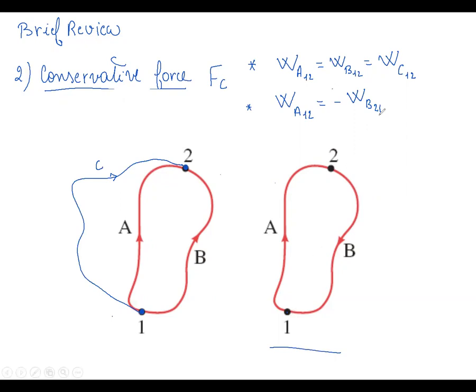We can also say it equals minus omega through the same path from 2 to 1. So omega 1,2 equals minus omega 2,1 from here or from here. These are the two conditions in order to have a conservative force.